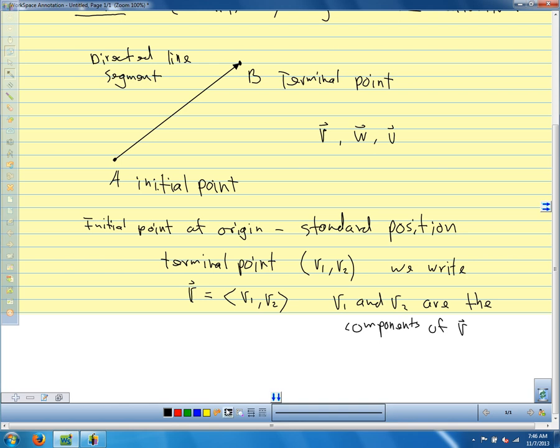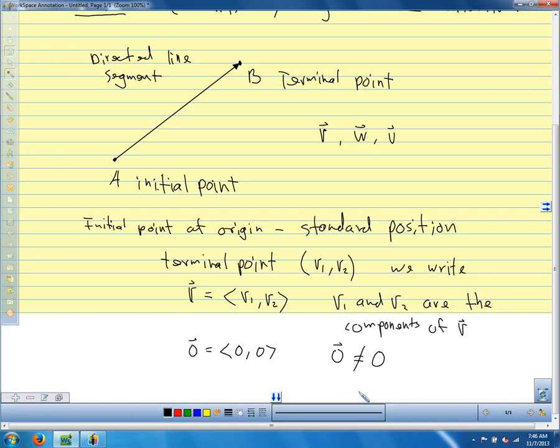And then we write the zero vector as ⟨0, 0⟩. It's not going to play a big role here, but it is important to make the distinction that the zero vector does not equal the zero scalar. They're different things.